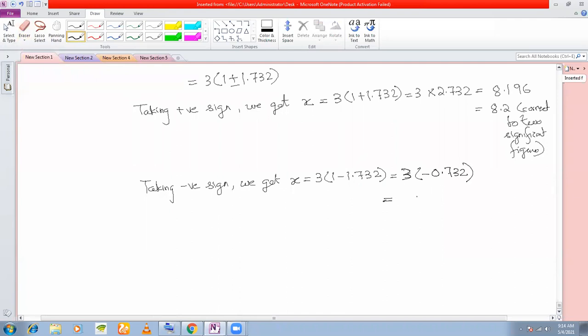So now if you multiply these, you're going to get minus 2.194, which is equal to minus 2.2, correct to two significant figures.